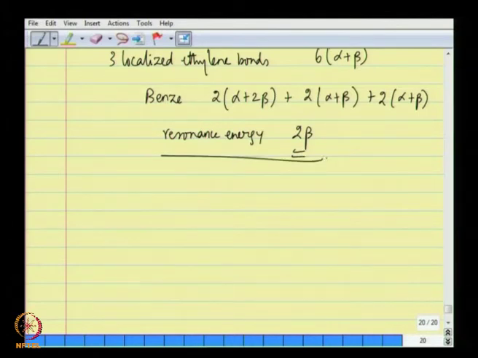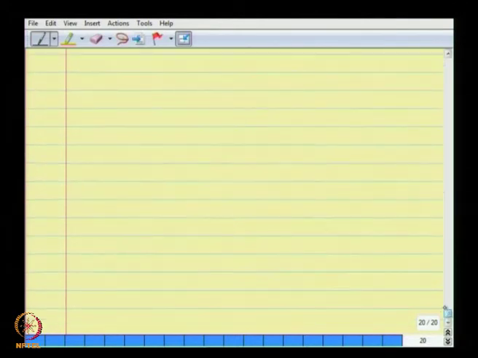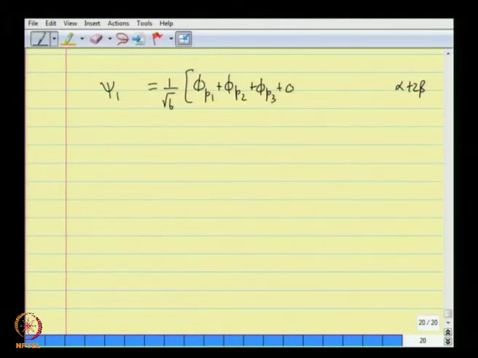Okay, so what about the molecular orbitals for benzene? The expressions are long, but let me write them down. Psi 1, which has the energy alpha plus 2 beta, is 1 by root 6, very symmetric, phi p1 plus phi p2 plus phi p3 plus phi p4 plus phi p5 plus phi p6.